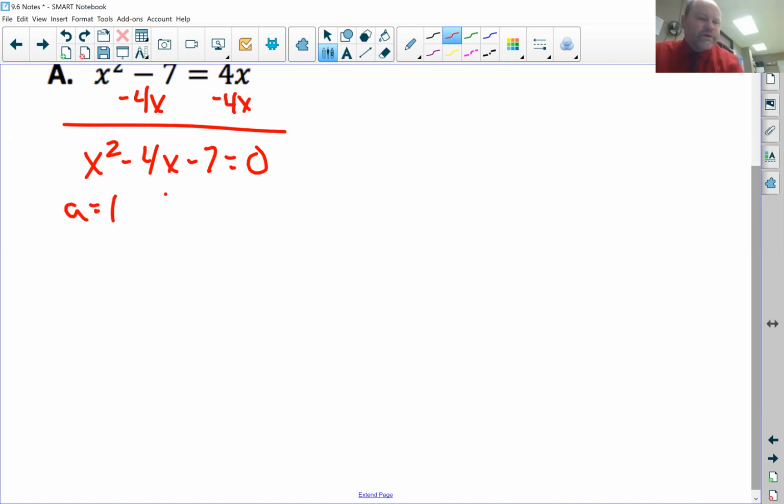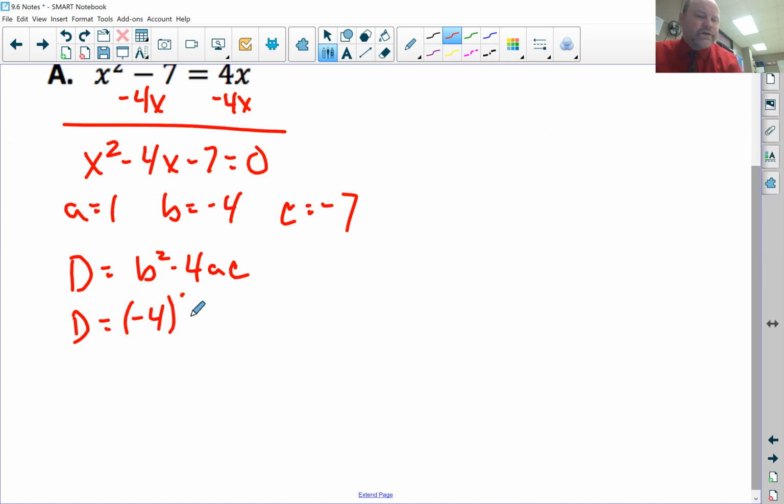A is 1, B is -4, C is -7. So I'm going to start with the discriminant. -4 squared minus 4 times 1 times -7.